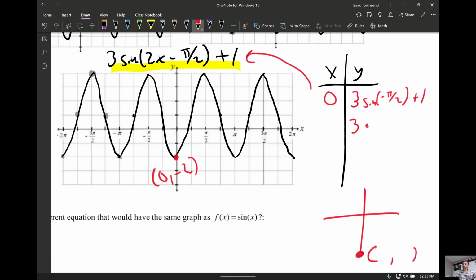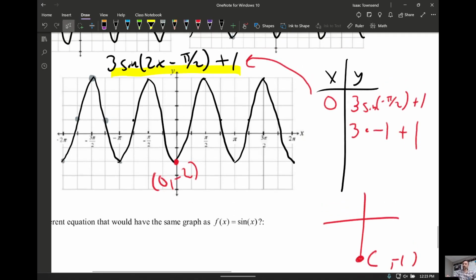Okay. What's the y value there? 0, -1. What's the y value? Oh, -1. Because that's all I care about. And -3 plus 1 is -2. So that doesn't guarantee that your graph is right, but if by plugging in 0 and solving for y you don't get -2, if 0, -2 is not on my graph, then I know I did something wrong. So that's a way that you can feel a little bit better about those graphs.